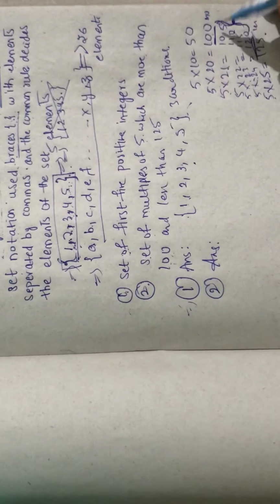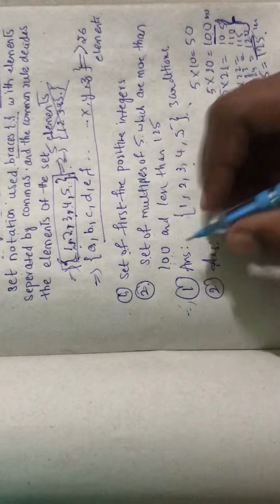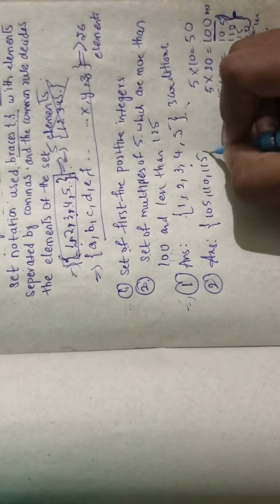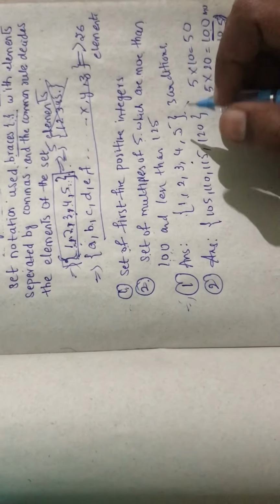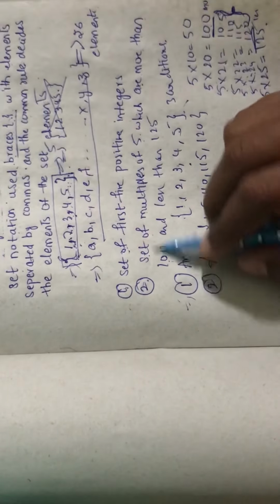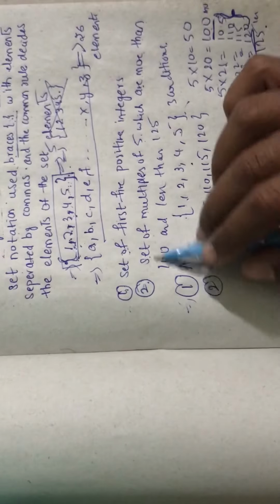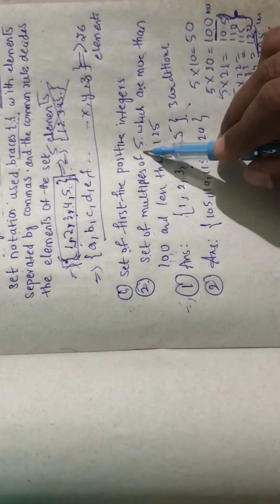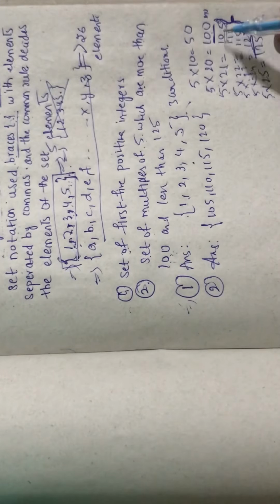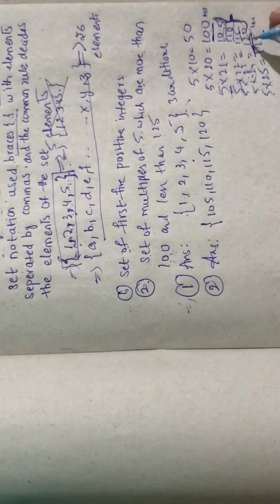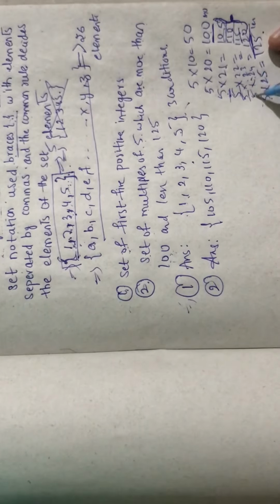These are the 4 values that should be considered, because he said more than 100, so we should not consider 100. It should also be a multiple of 5. So 105 is a multiple of 5, 110 is a multiple of 5, 115 as well as 120 are multiples of 5.